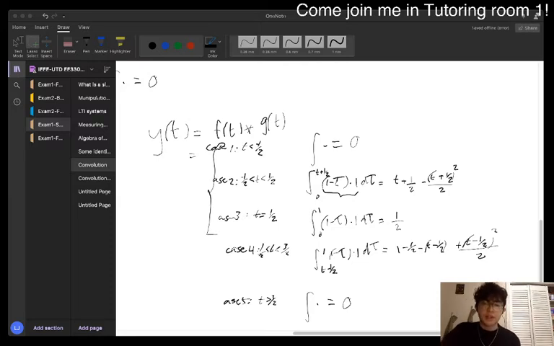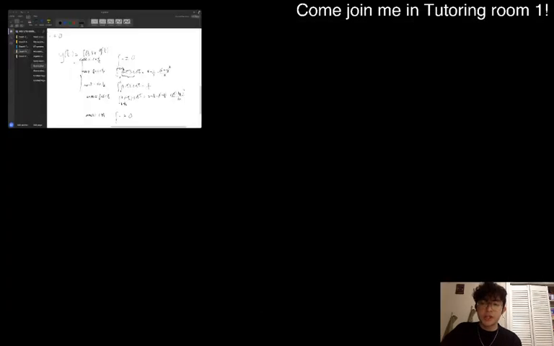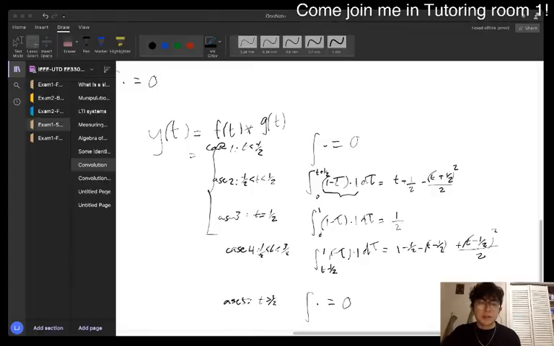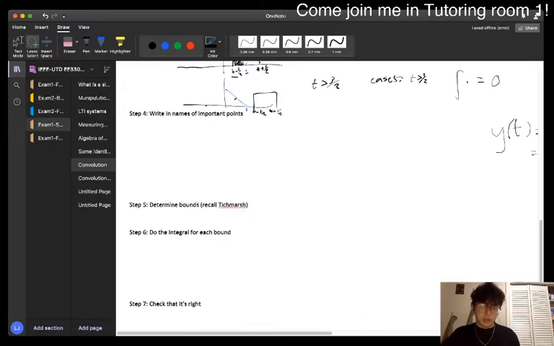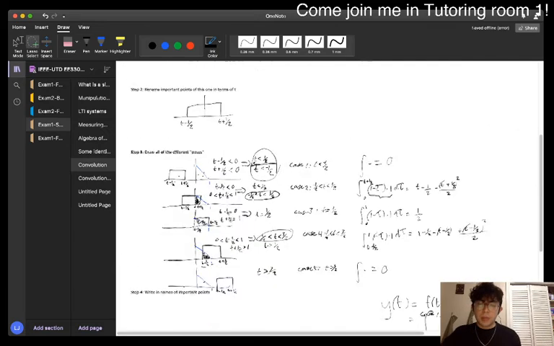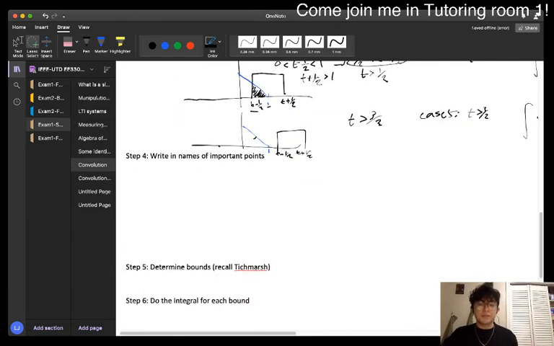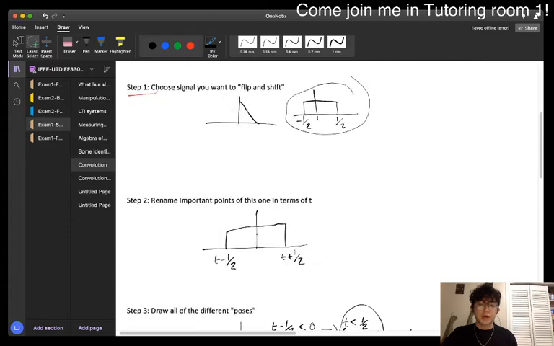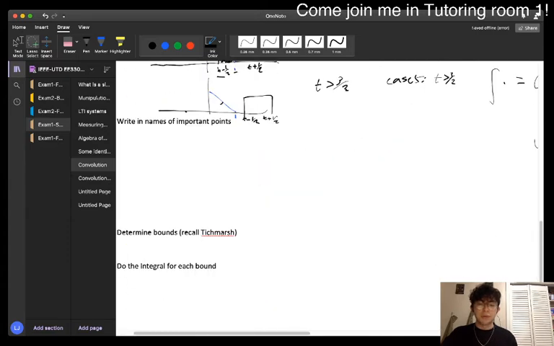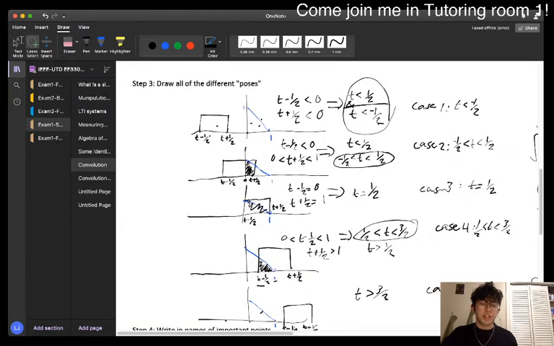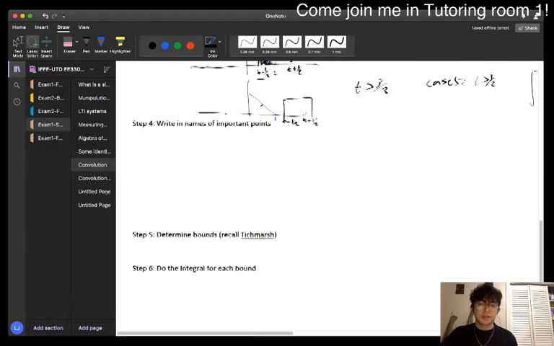If you want to check my work by plugging it into a calculator, I would appreciate it. This is my method of doing convolution. One way I like to check myself at the end is to make sure the length of our convolution is correct.